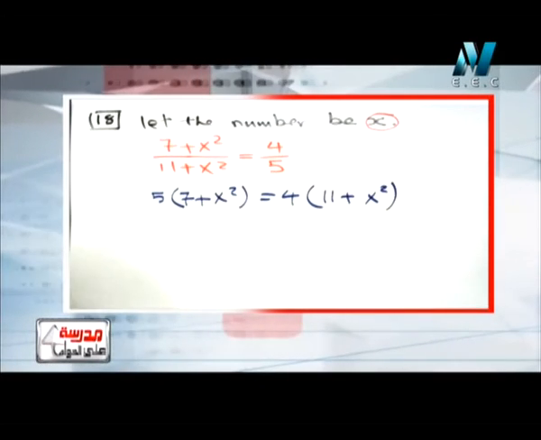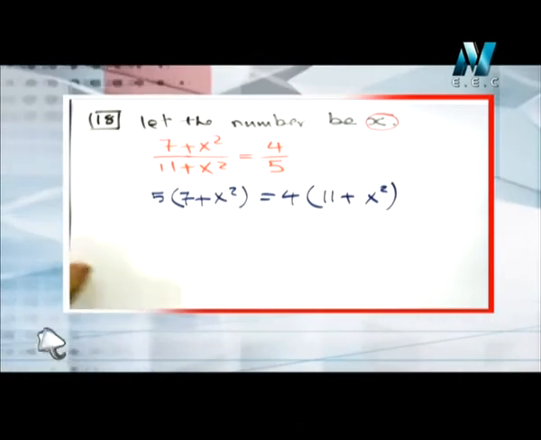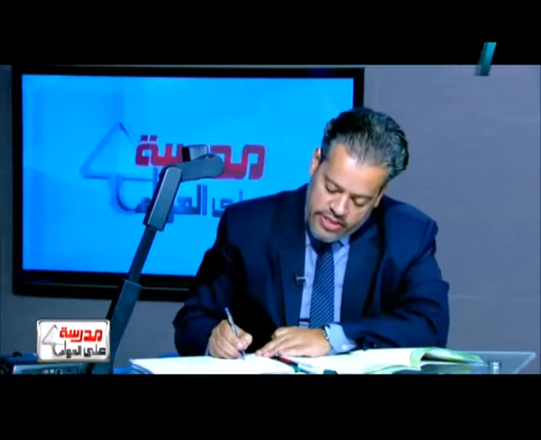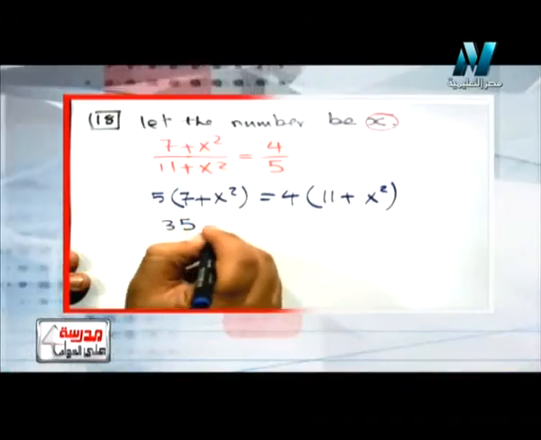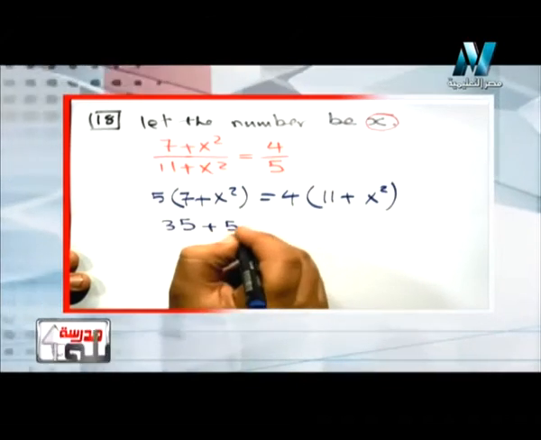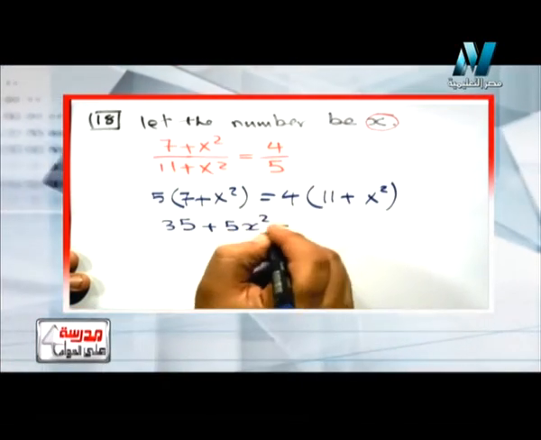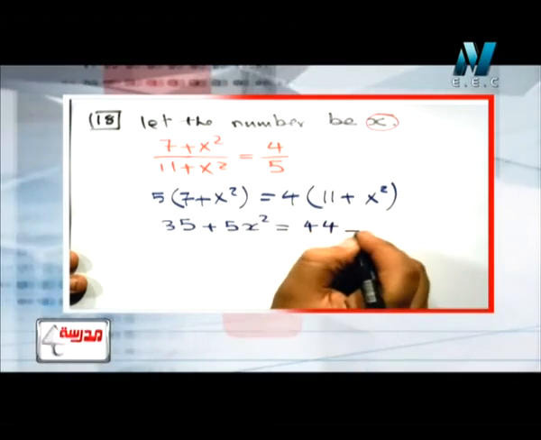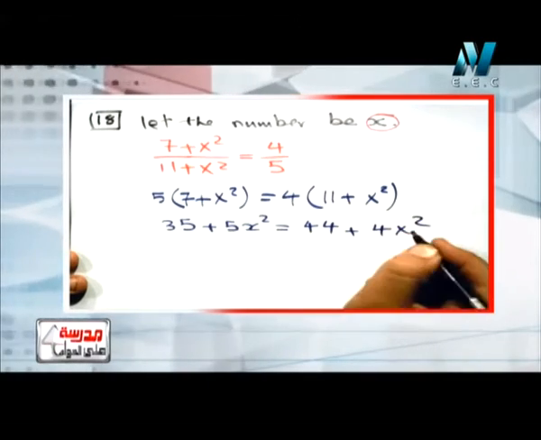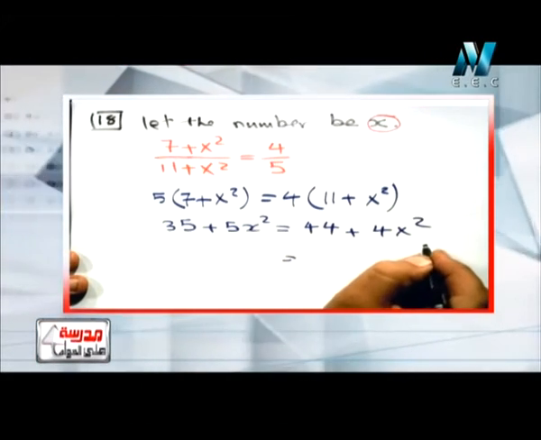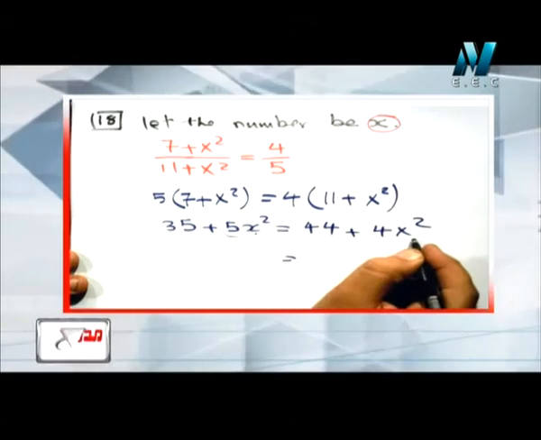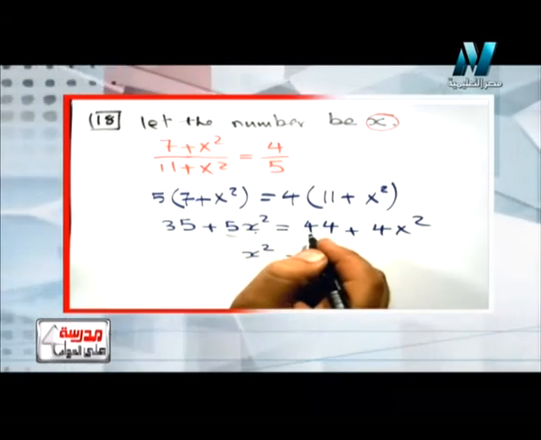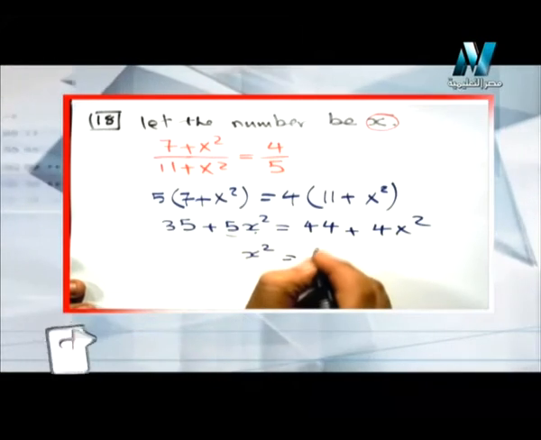Now, using the distributive property, I'm going to multiply 5 times 7, and the answer here is 35 plus 5x squared equals 4 times 11, which is 44, plus 4x squared. Solve the equation. Here is 5x squared and here's 4x squared, so this is x squared equals 44 minus 35, and the answer is 9.